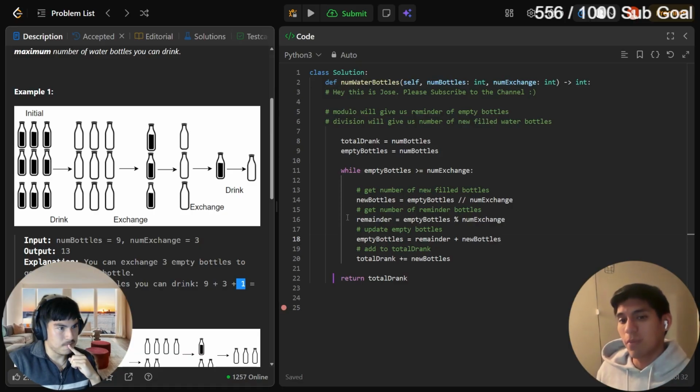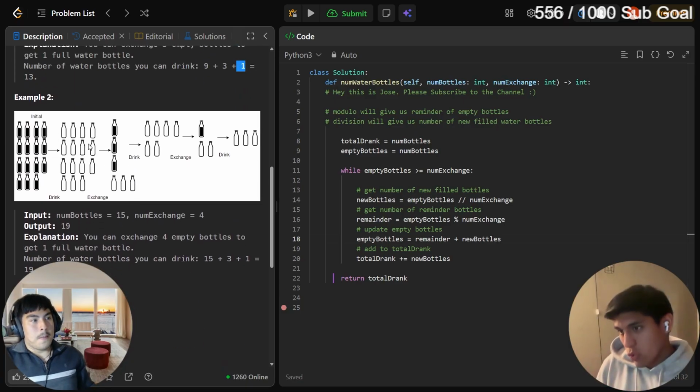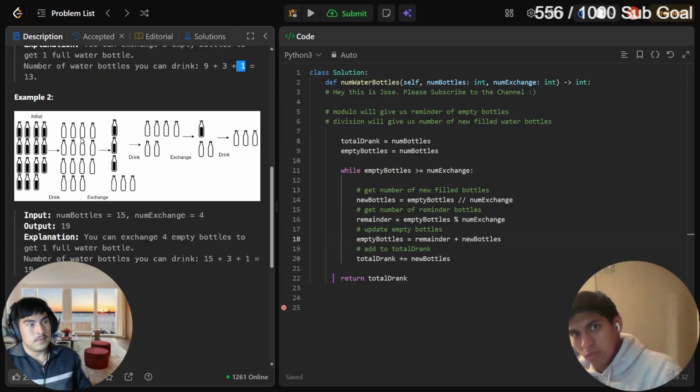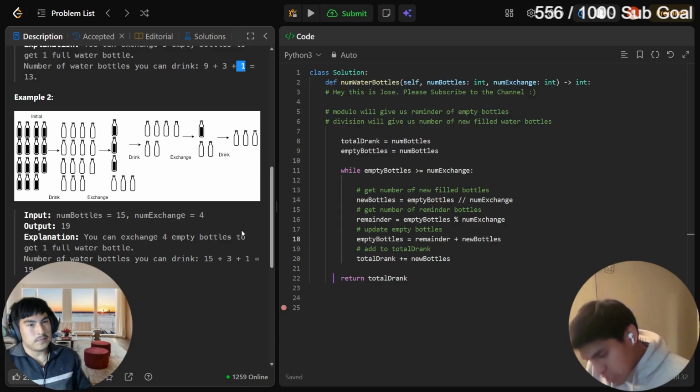If we have any remainder, for example in example 2, we carry those 3 to the next exchange, right? But since we already got 3 filled water bottles, those are eventually going to become empty water bottles, so we have to take those into consideration even though they're still filled. When we take those into consideration, we're eventually gonna get a total of 6 empty water bottles.